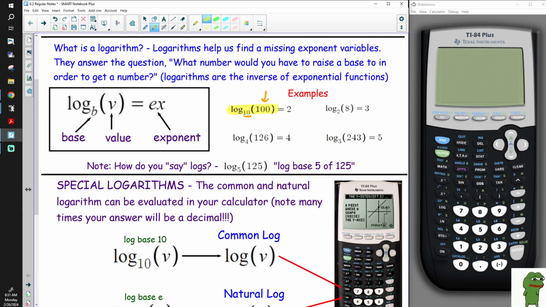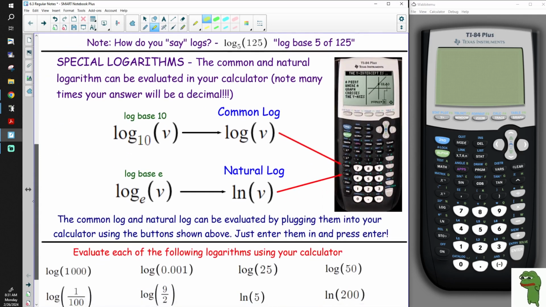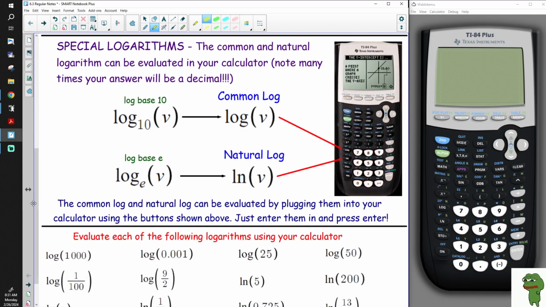So, let's talk about the special types of logarithms. There are 2 special logs. They get special treatment. They're cooler than the rest. Not all logs are created equal. Every log has its own base.